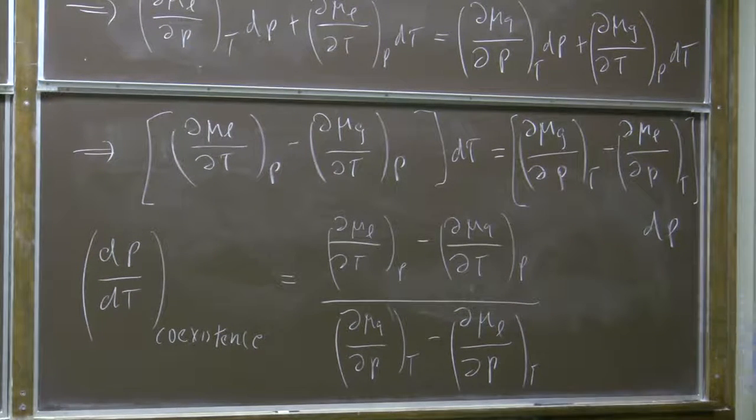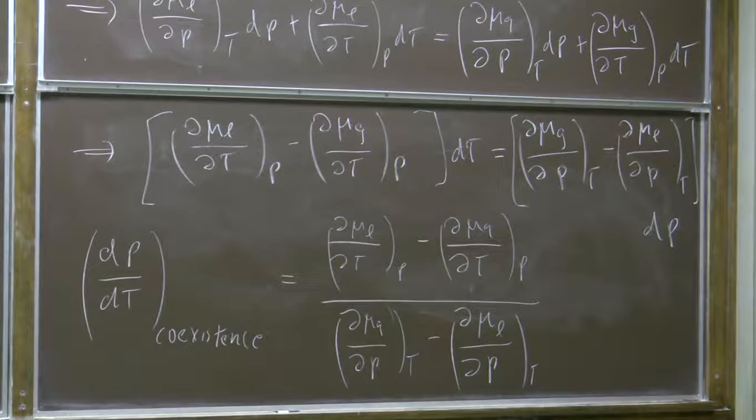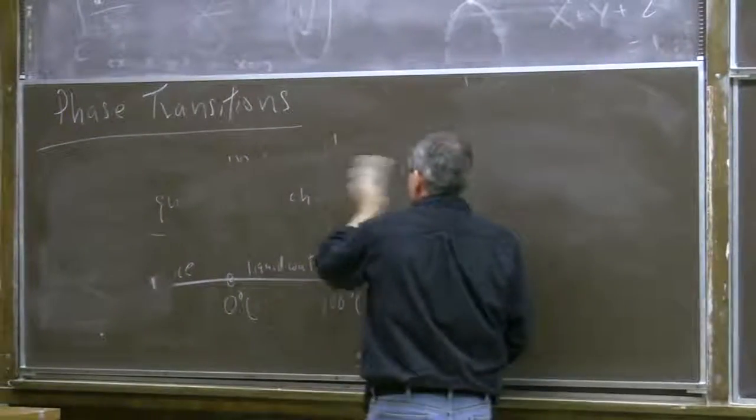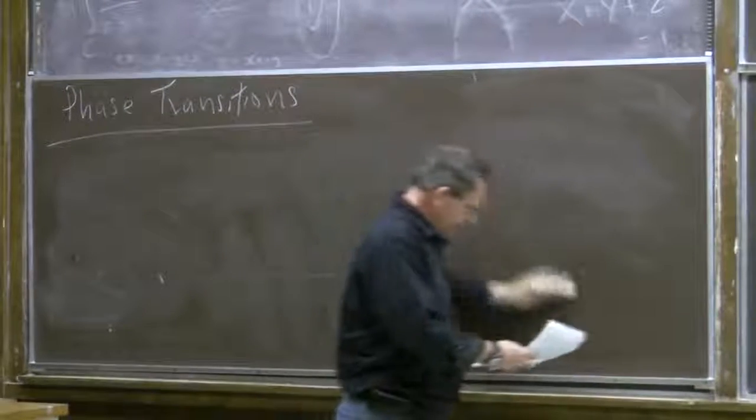Okay, so now what are these quantities? Well, we know what they are from the thermodynamic identity satisfied by the Gibbs free energy. So we have one species here, let's say water molecules, which can be in either the gas or the liquid phase.